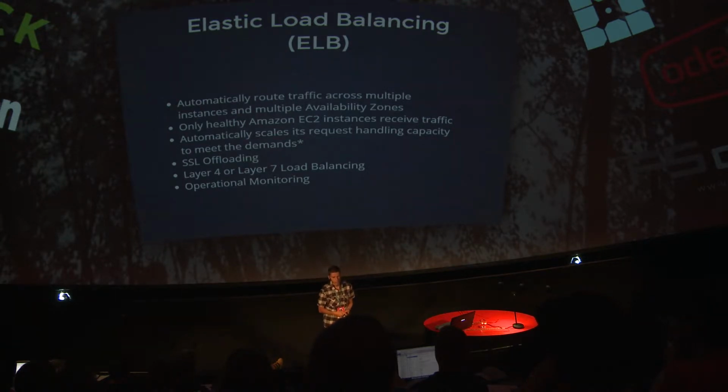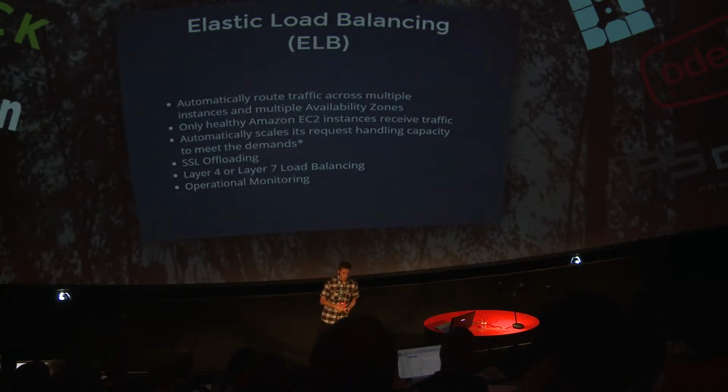Layer 4 is doing just plain TCP balancing, and layer 7 is doing HTTP and HTTPS balancing. ELB has one nice feature, and that feature is health checking of backend instances. So only healthy instances will receive traffic.